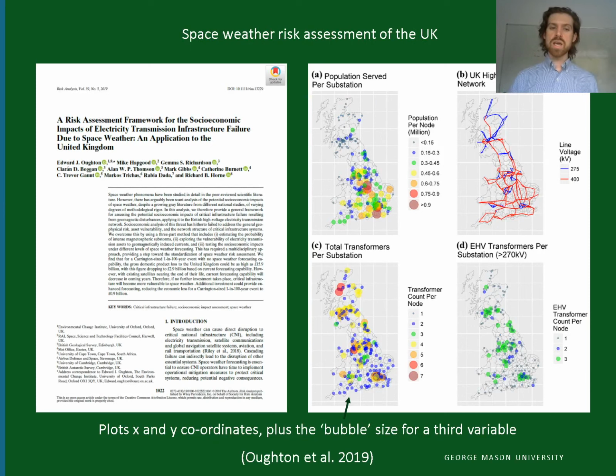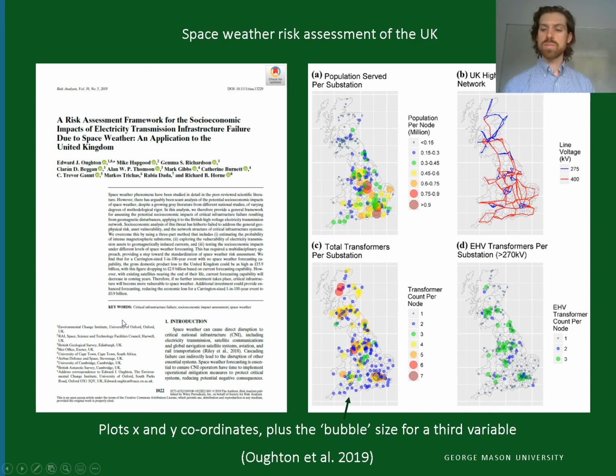We actually did some work assessing the risk of space weather events to the electricity system in the UK. And really I just want to point you to plot A, C, and D, because here we provided a set of visualizations which show the population per electricity substation in the electricity grid, or the number of transformers, or the voltage of those transformers.